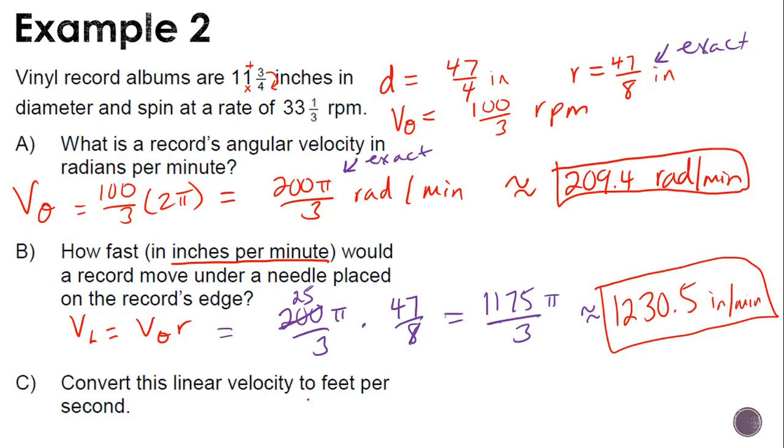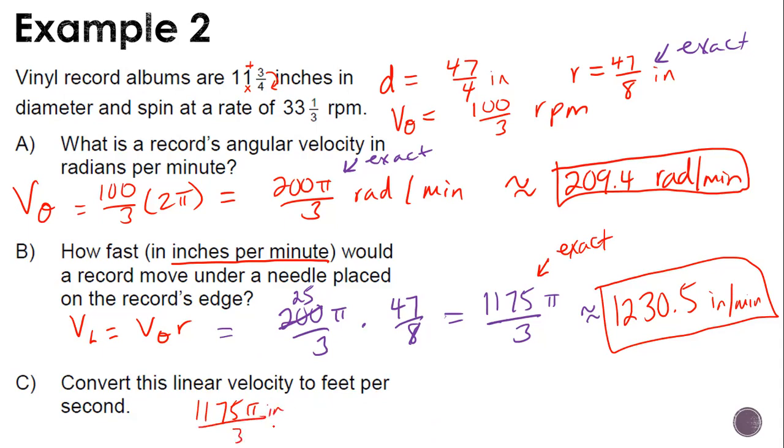So this is where we go back to our quote unquote train tracks, right? So for train tracks, again, you want to start with your exact value. So this is our exact, right? That's our exact. So we have 1,175 pi over 3.